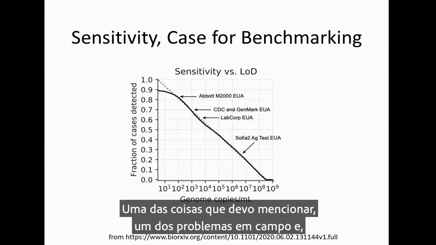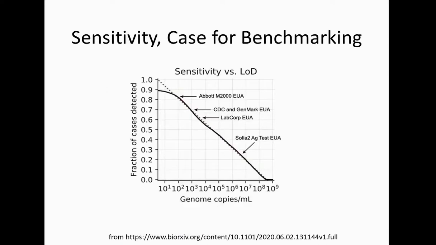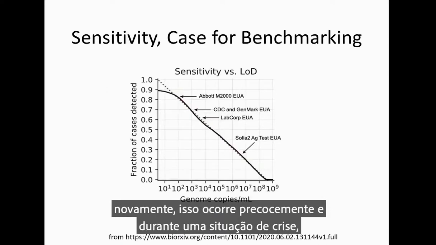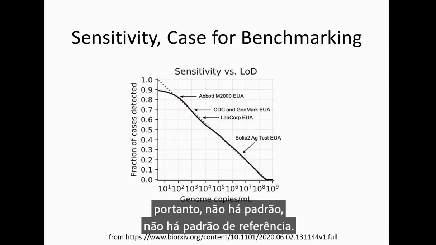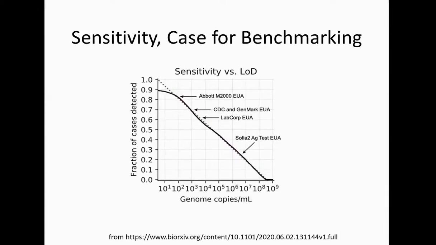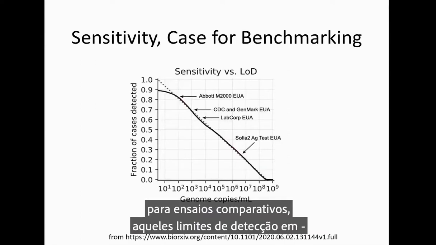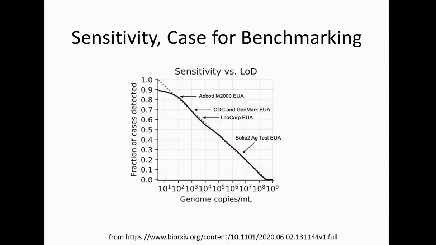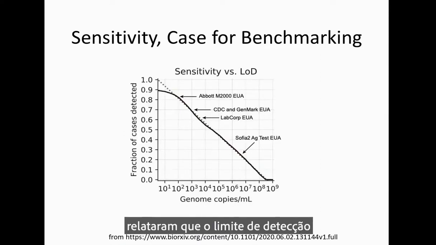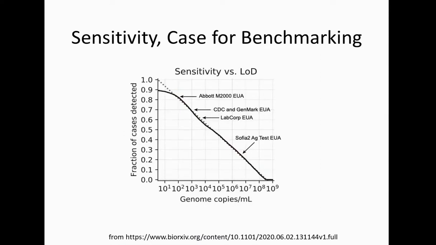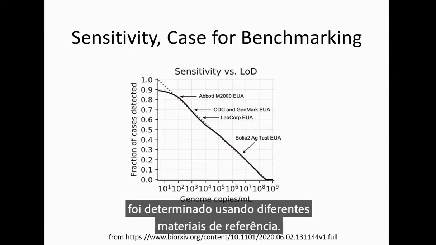One of the things that I should mention, and one of the problems in the field, and again, this is early and we're in a crisis situation, is there's no reference standard. For benchmarking your assays, these reported limits of detection have been determined using different reference materials.